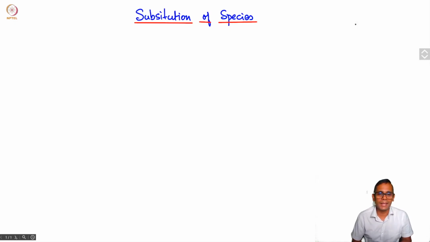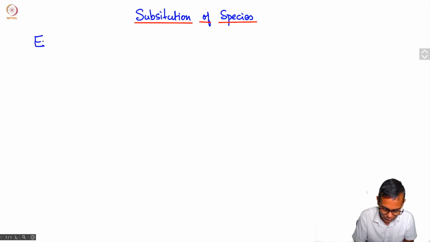Now we'll study the most fascinating of all operations on species, which is the operation of substitution. As a motivating example, I'm going to consider the species of endofunctions.